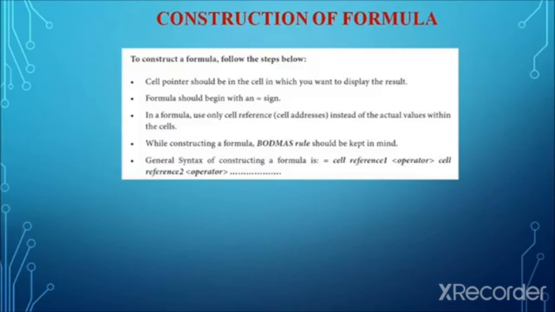The general syntax is equal to, cell reference 1, say A2, then an operator, meaning we can use any operator, then cell reference 2, that is the second cell, and then again an operator, and it goes on like that. This is the syntax for constructing a formula. It is most important. So for constructing a formula, these are all the steps to be followed.